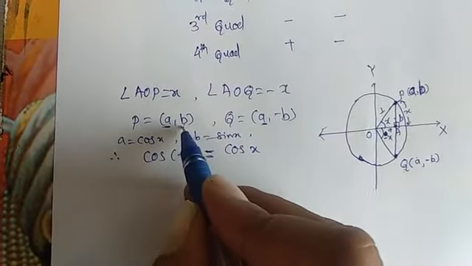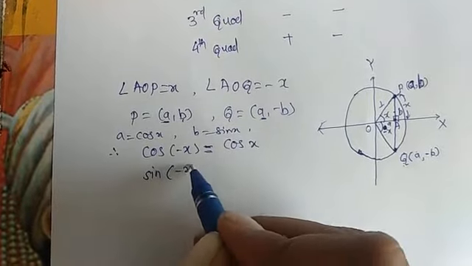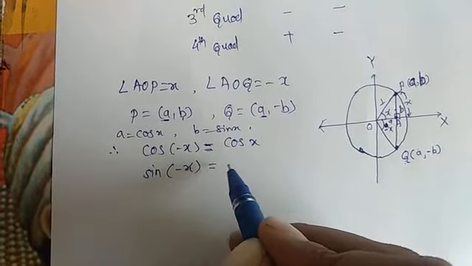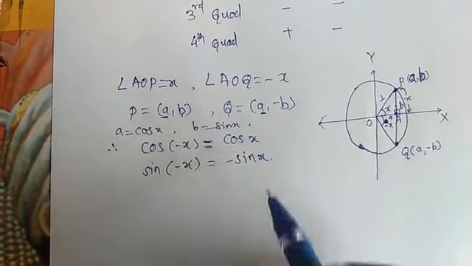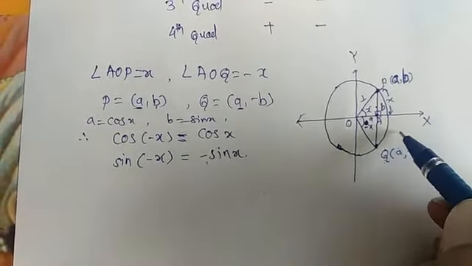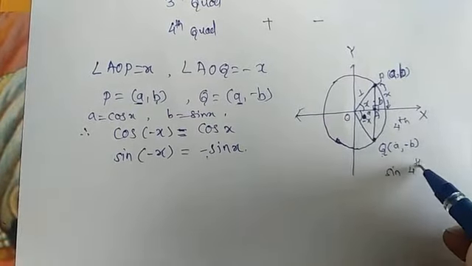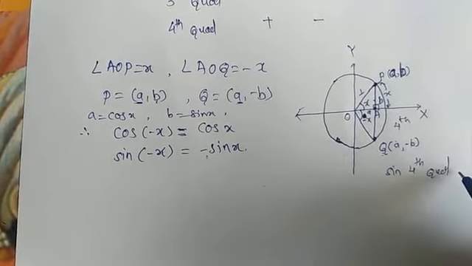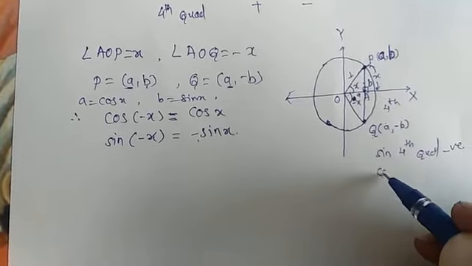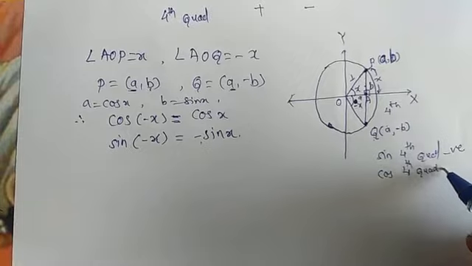So here b is sin x, and sin of minus x will be minus sin x. That means sin in the fourth quadrant is negative, and cos in the fourth quadrant is positive.